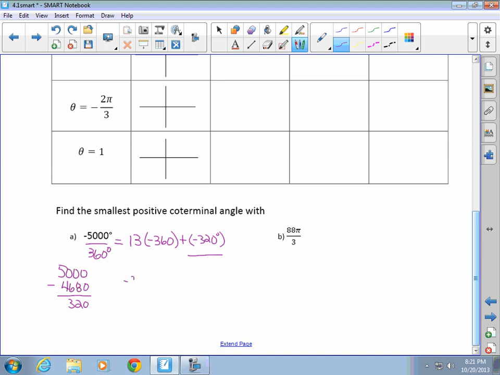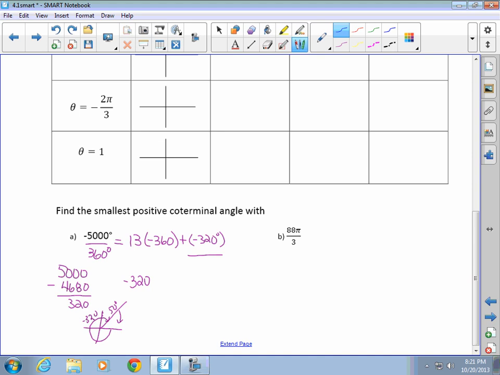Positive coterminal angle means that if I'm going negative 320 degrees, I'm going all the way this way, so that gets me to 180. This gets me to 270. And I need to go 50 degrees more to get to negative 320 degrees. So to go from 270 to 320 is 50 degrees, which means I have a 40 degree amount here.